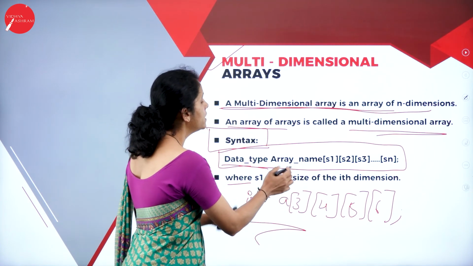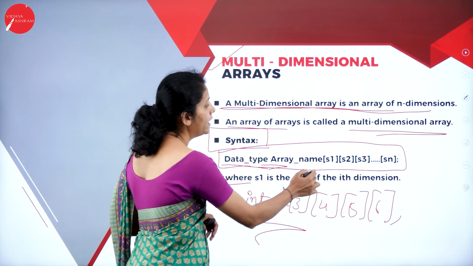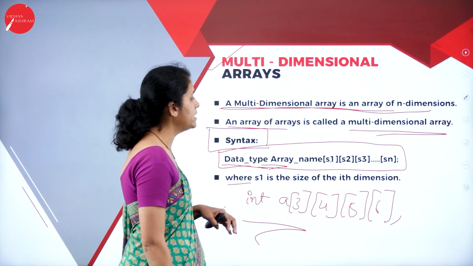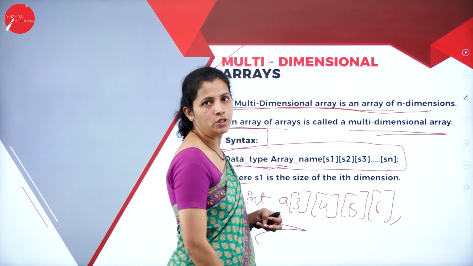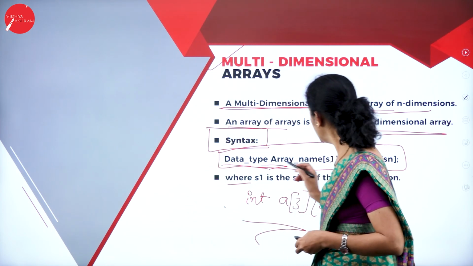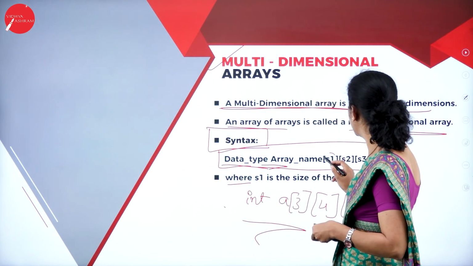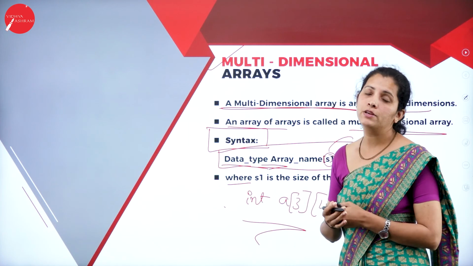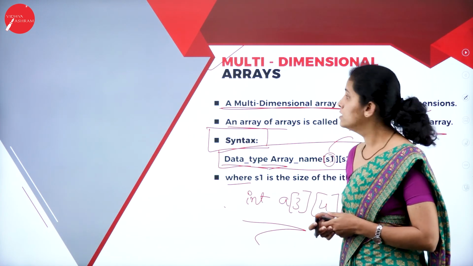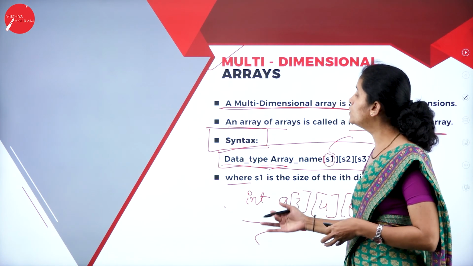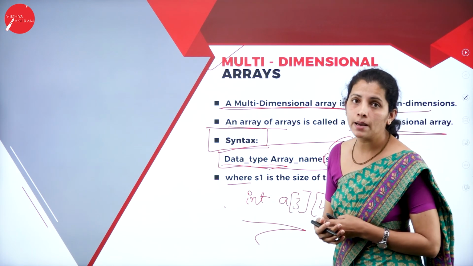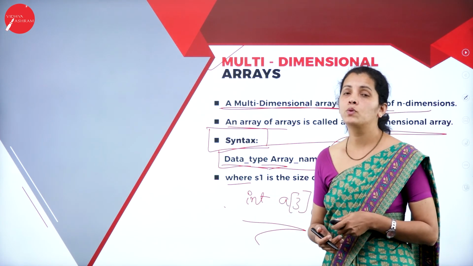See here, if I consider this example, Si is mainly used to indicate the ith dimension of the array. So, this is the way I am able to declare multi-dimensional arrays in my program.